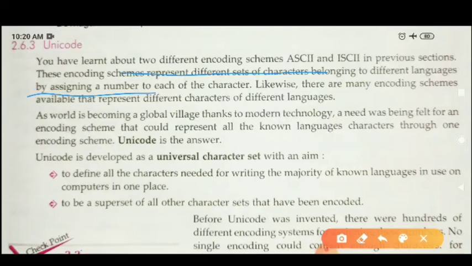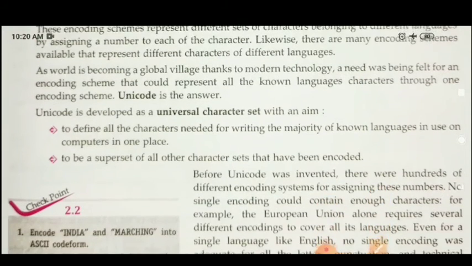Unicode is developed as a universal character set, to define all the characters needed for writing the majority of the languages in use on computers in one place, to be a superset of all other character sets that have been encoded before.